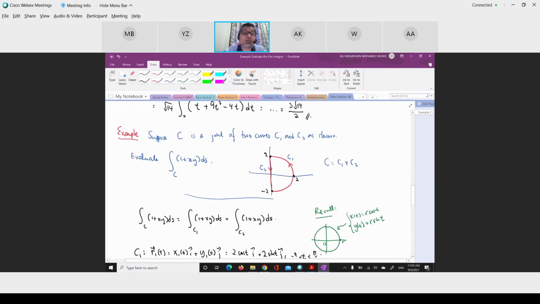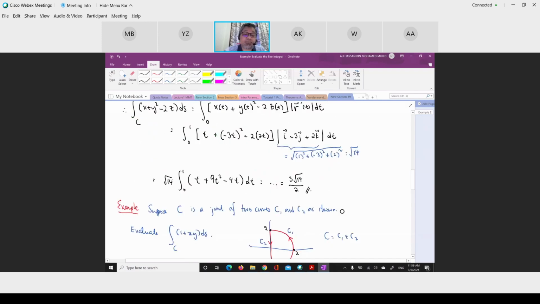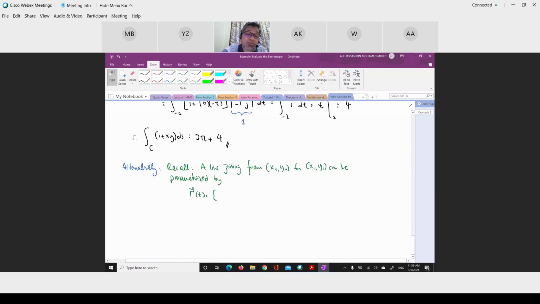We have r(t) equal to t x1 plus (1 minus t) x0 times i, plus t y1 plus (1 minus t) y0 times j. And if you use this parameterization, t always lies between 0 and 1.